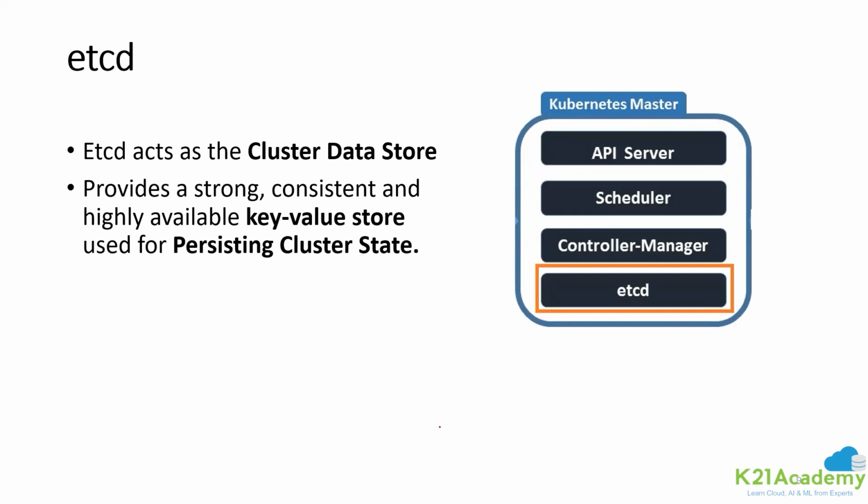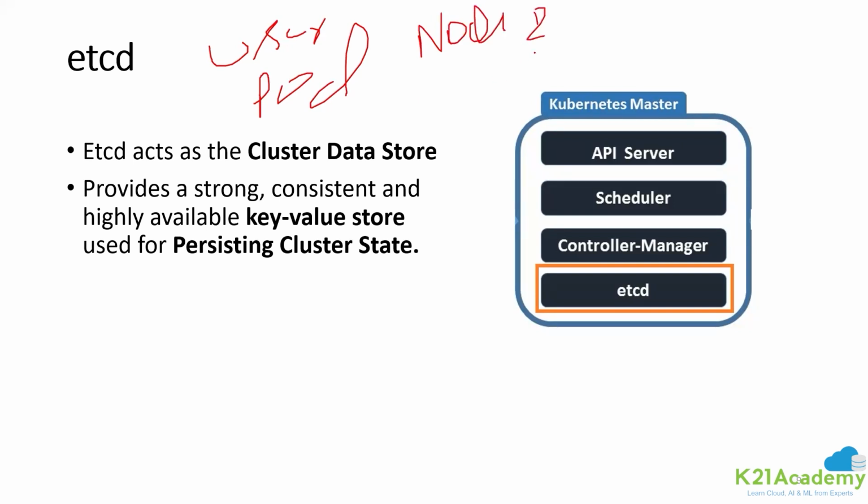So etcd will have all the information regarding how many users we have in the cluster, how many pods are running, how many applications are running, how many nodes we have, what are the IP addresses of those nodes, and where your application is running on node 1 and node 2.